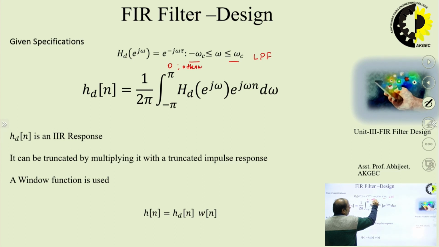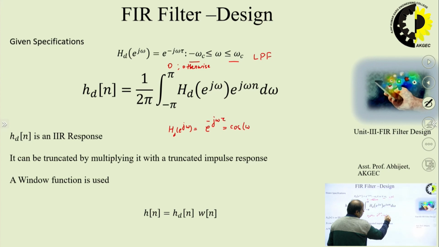If we look at e raised to the power minus j omega tau, which is the hd of e^j omega, you can understand this is cos of omega tau minus j times sine of omega tau, isn't it? This is by Euler's theorem.